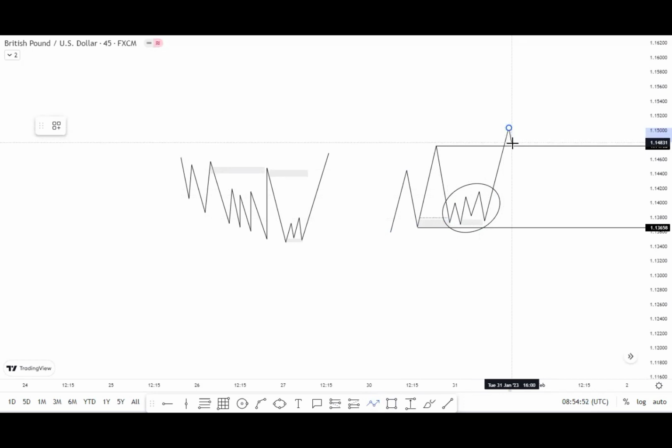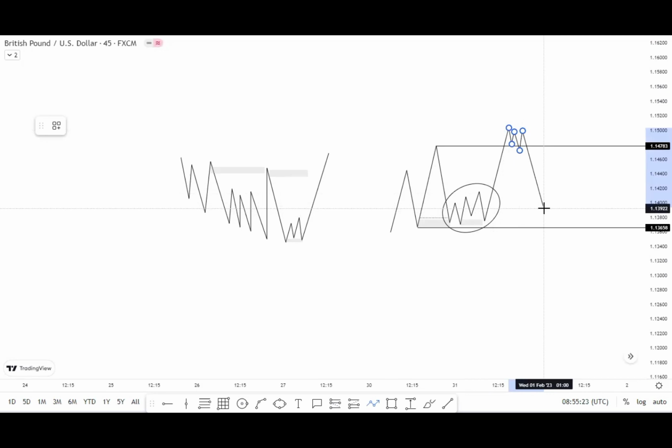Then price takes it out, then does something like this again to cause a pullback. To tap into this again, it has to sweep sell side liquidity, then come to it.